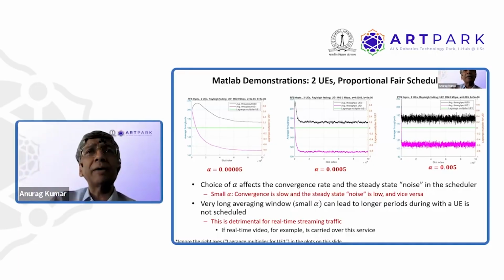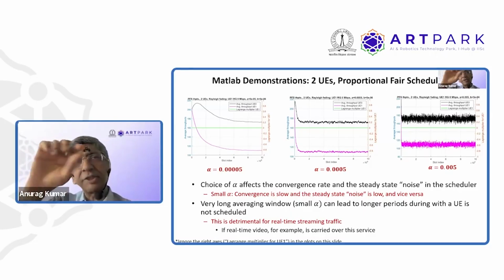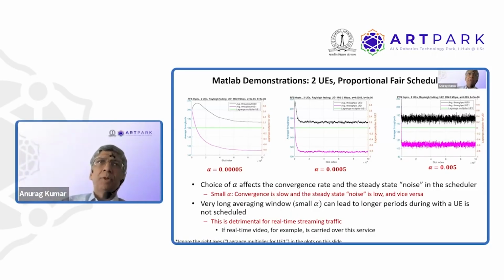So any algorithm that you have, whether it is maximum sum rate scheduling, weighted scheduling, or proportional fair scheduling, all will suffer the same thing. Convergence will be slower for a very small alpha, so steady state noise will be smaller. This is a property of EWMA, you're right.